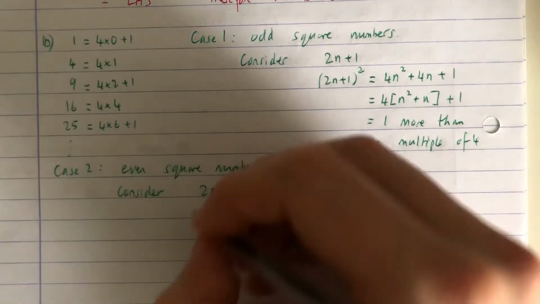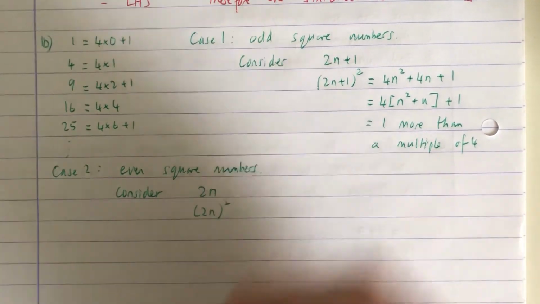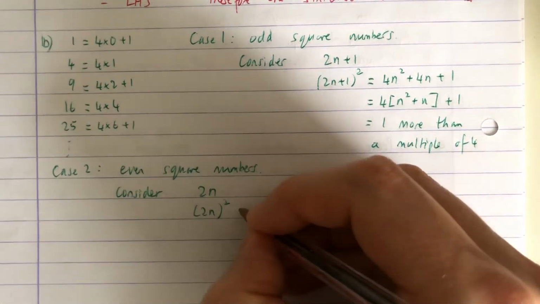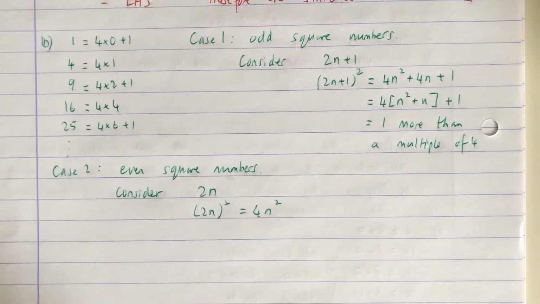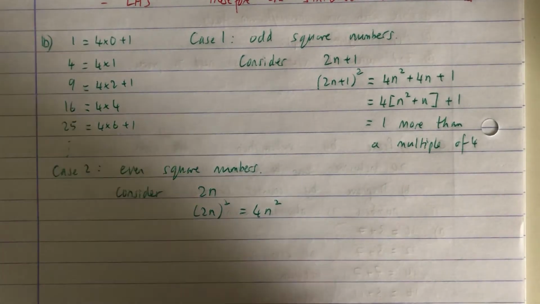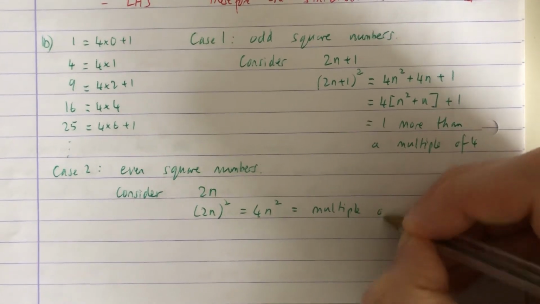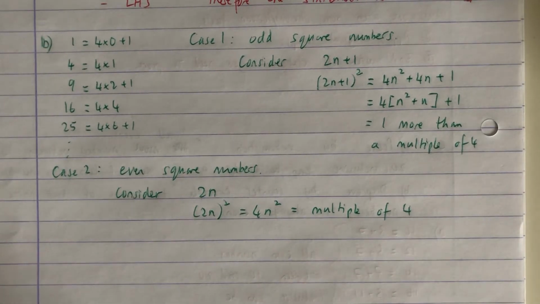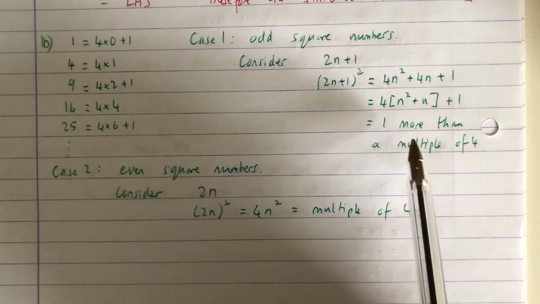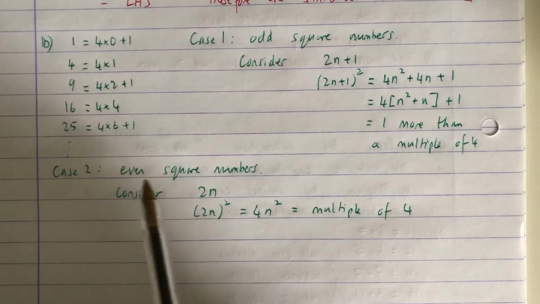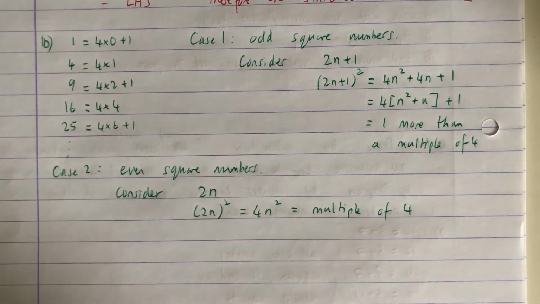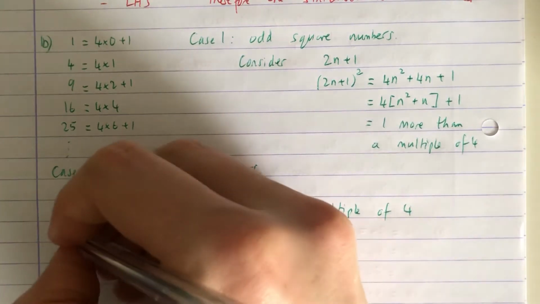But we want square numbers, so 2n squared, which is equal to 4n squared, which is literally a multiple of 4. And we've considered both cases. Odd square numbers give one more than a multiple of 4. Even square numbers give exactly a multiple of 4. Therefore, the statement is true.